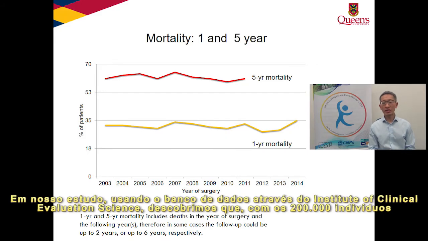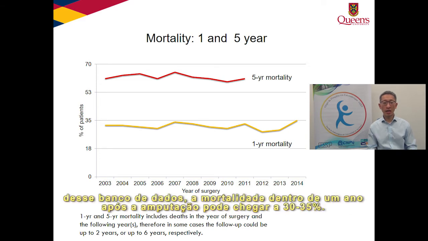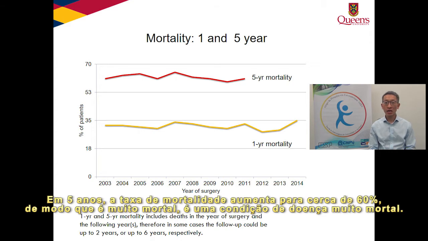From our study, identified in a database that we use through the Institute of Clinical Evaluation Science, with 200,000 individuals in that database, the mortality within 1 year post-amputation could be as high as around 30 to 35%. In 5 years, the mortality rises to about 60%. So that's a very deadly, very high mortality disease condition.